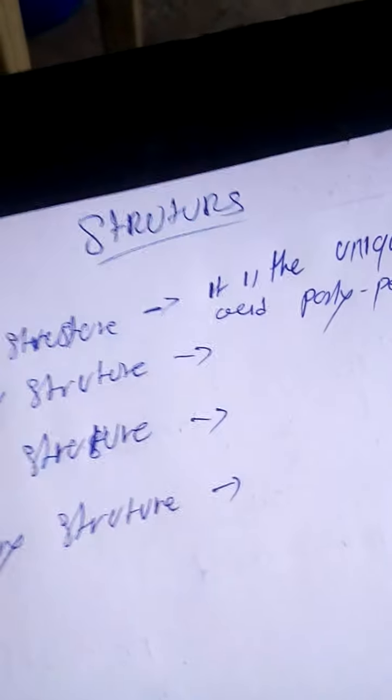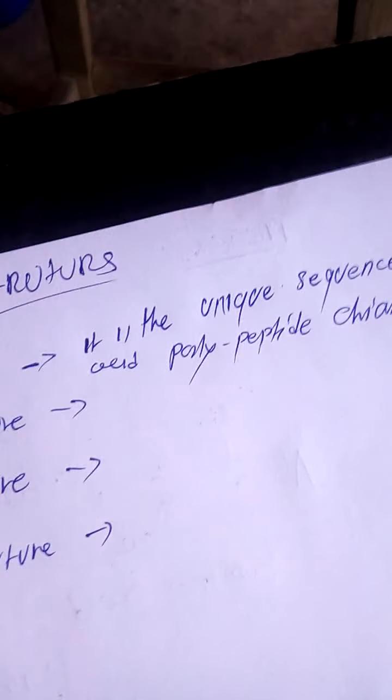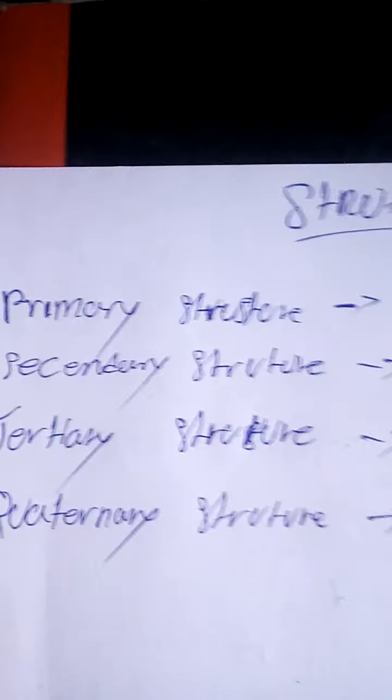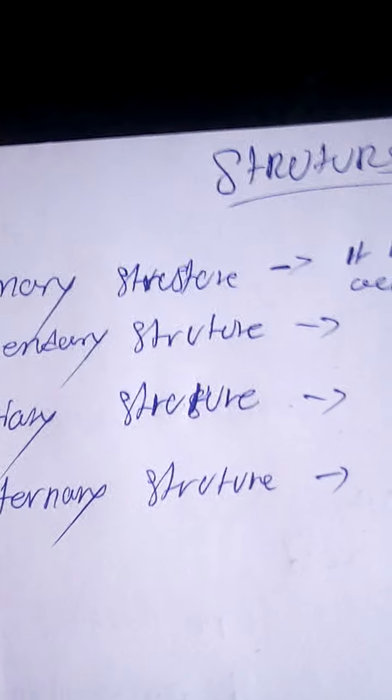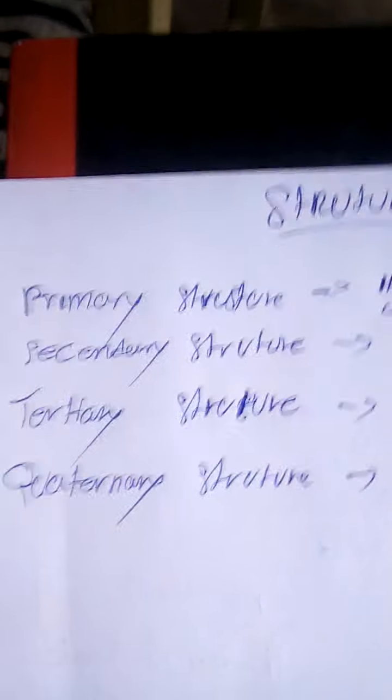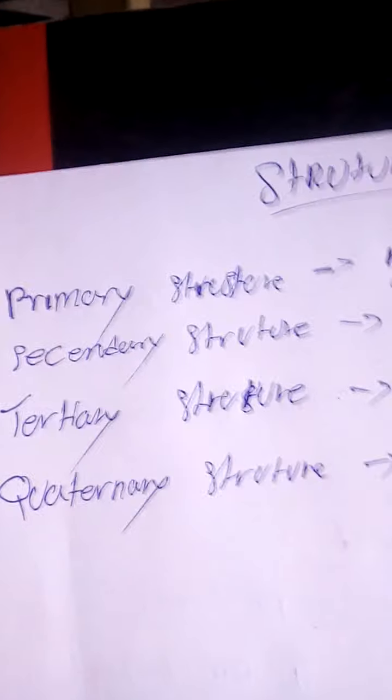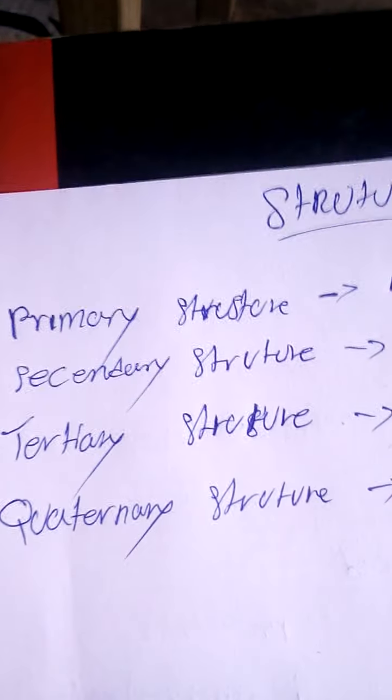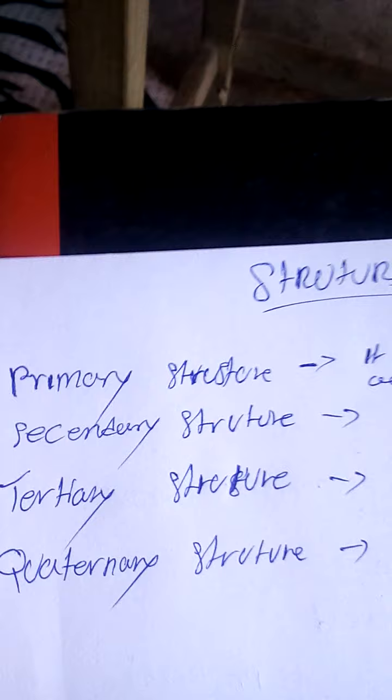You find that it's just the sequence, or the order of the amino acids, the way they are arranged in a peptide chain. That's what they call the primary structure. In our lectures we've drawn how it looks, but I'll just define them.